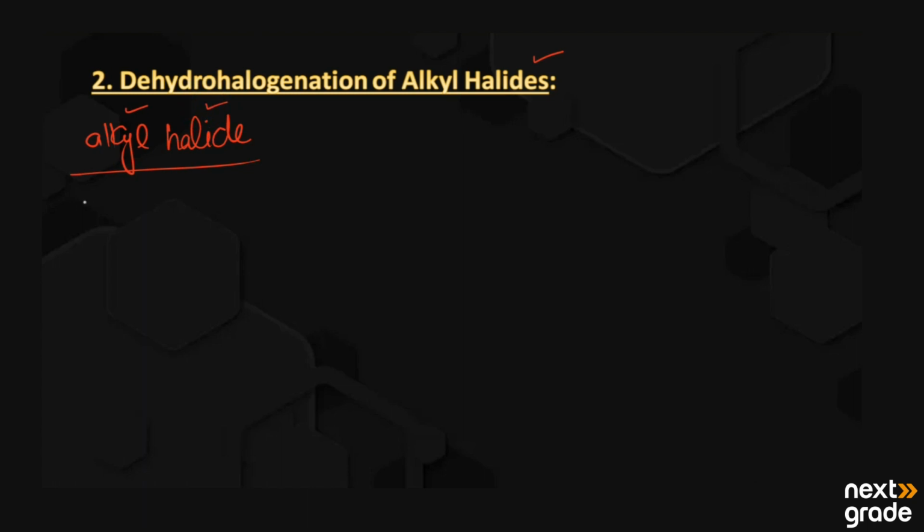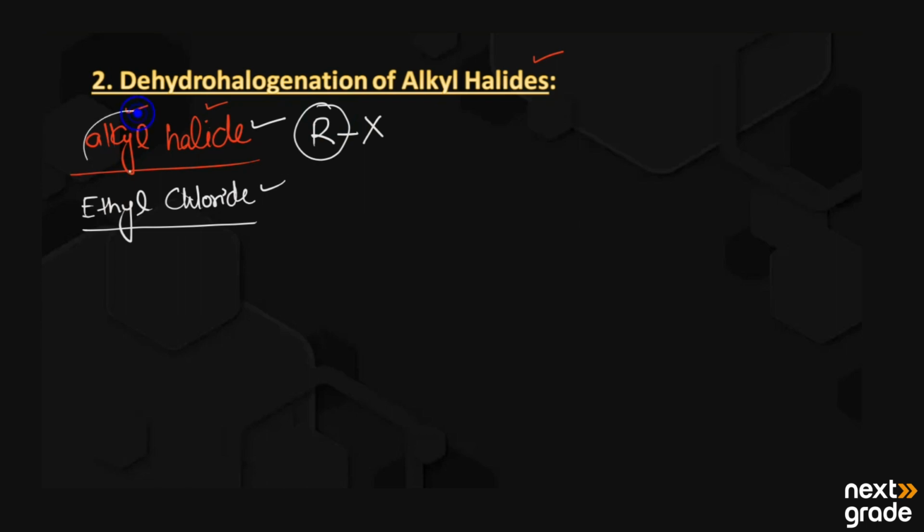For example, the alkyl radical is ethyl and the halogen is chlorine, so we have ethyl chloride. It is shown by RX, where R is the alkyl group and X is the halide.